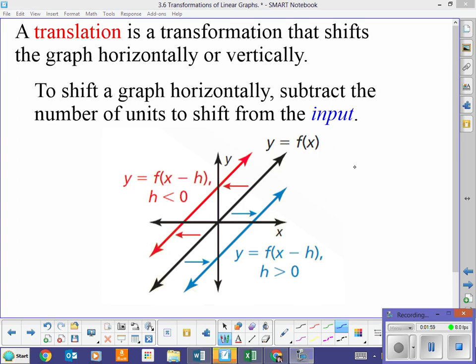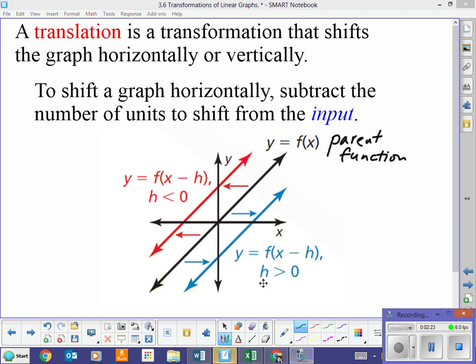So let's talk about y equals f of x. This black line represents y equals f of x. This is what we're going to call the parent function. From this parent function, we're going to modify it to produce the red and then the blue lines.